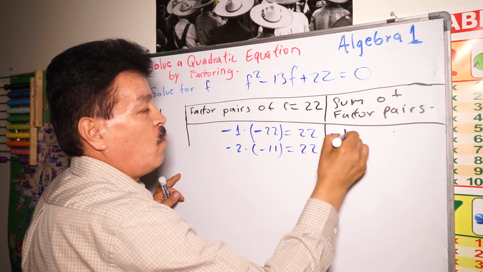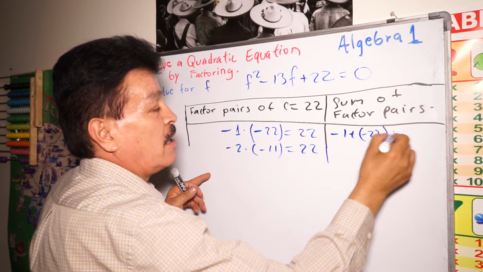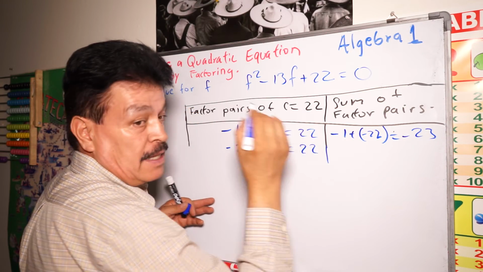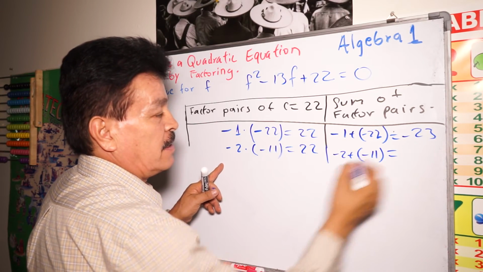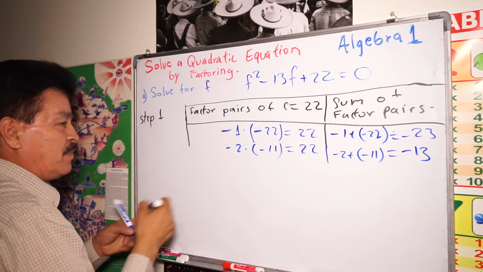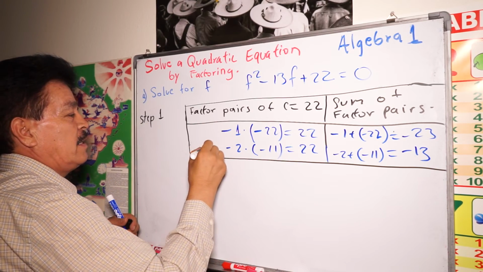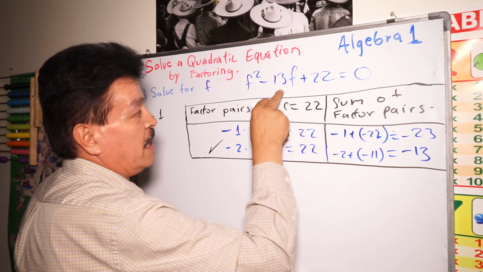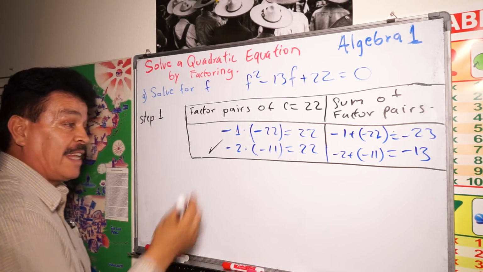So negative 1 plus negative 22 is negative 23, right? The second one, negative 2 plus negative 11, equals negative 13. So what is the answer? You see immediately, the second one. This one is the answer because c is 22 and b is negative 13. This is our data.